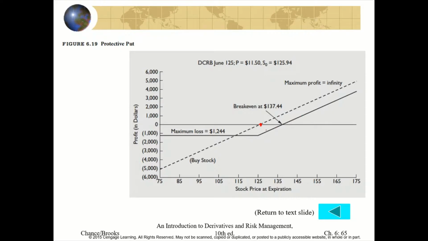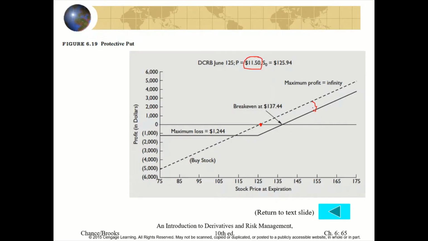Okay, how will this affect our profit? Now, we still have an exposure to the upside potential. However, compared to only the long stock, in the protective put we will always realize a lower profit than the long stock only. And the difference is because of the premium we pay for the option.